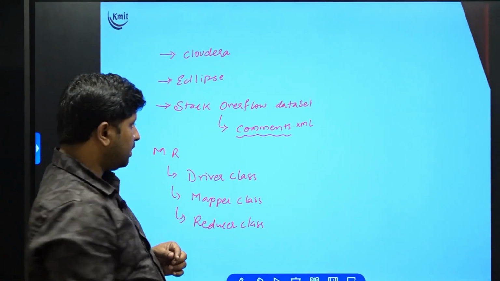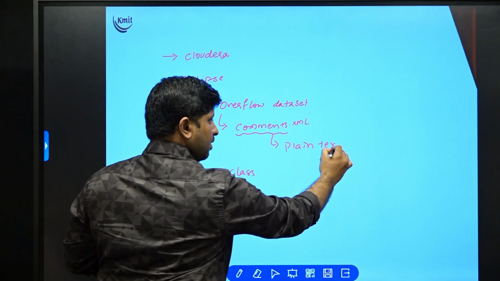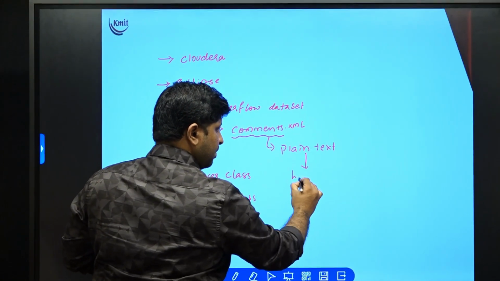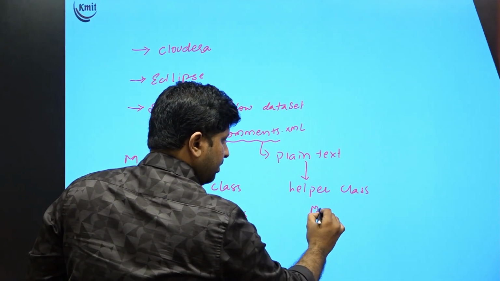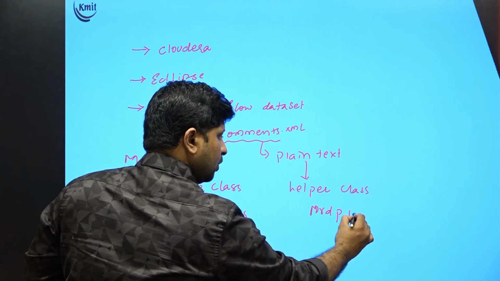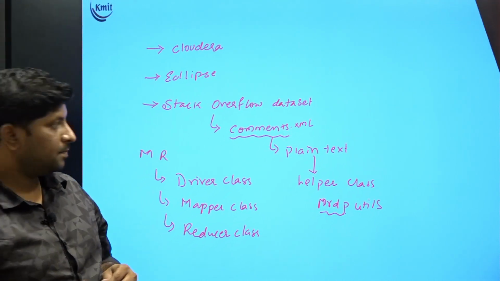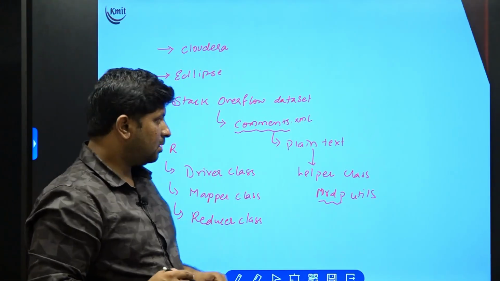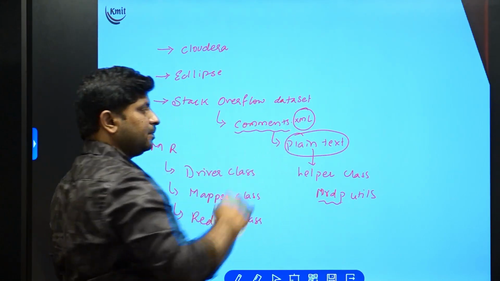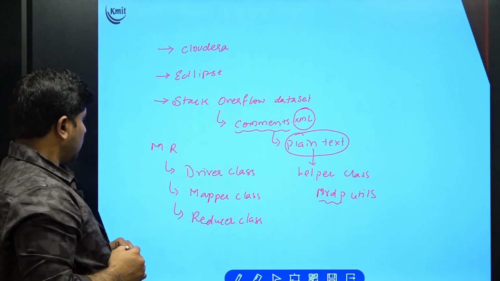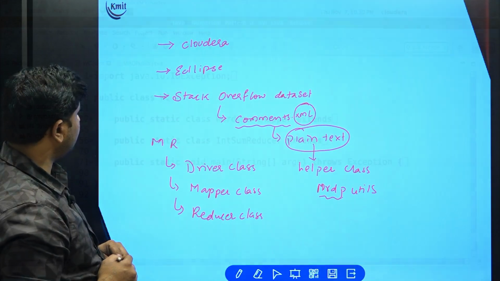And to convert this XML into plain text, we had used a helper class named MRDP utils. MRDP stands for MapReduce design patterns. This is a customized class to convert your .xml into plain text. So, to move ahead, let us start with our coding.